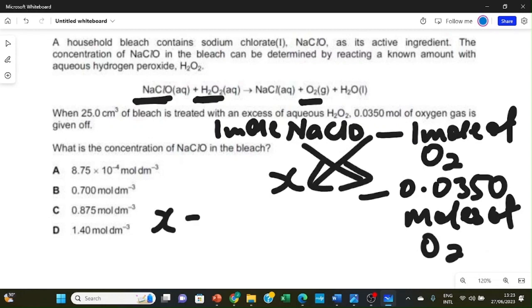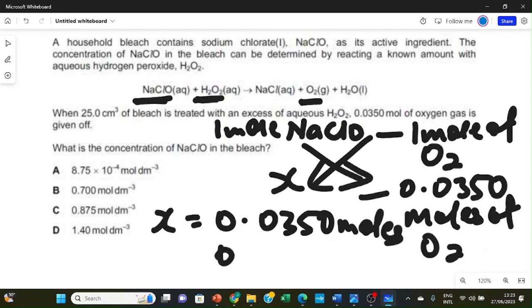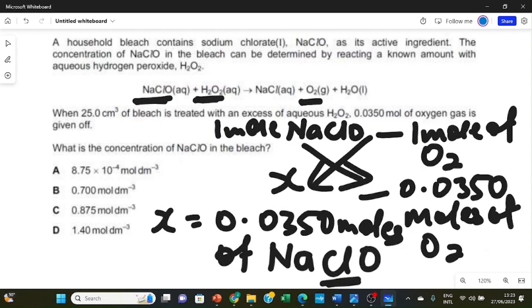So X now will be equal to 0.0350 moles of sodium chlorate(I). So we've now gotten the number of moles of sodium chlorate(I). So 1 mole of sodium chlorate(I) is equal to 1 mole of oxygen. So 0.0350 moles of oxygen is equivalent to 0.0350 moles of sodium chlorate(I).